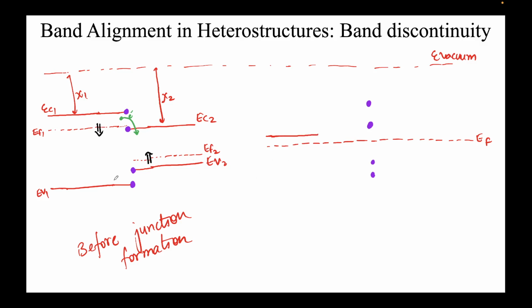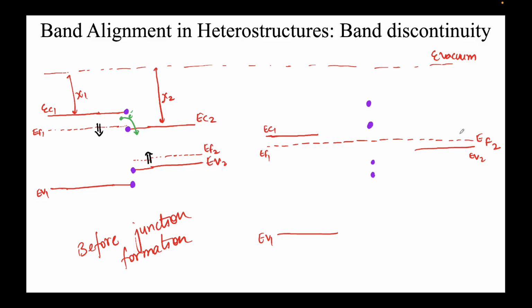The band gap will not change naturally. This is EC1, this is EF1, this is EV1. Let's draw on the right side also. EV2, the band gap will be closer to this, so it will look something like this. This is EF2, EV2, and again the band gap cannot change.